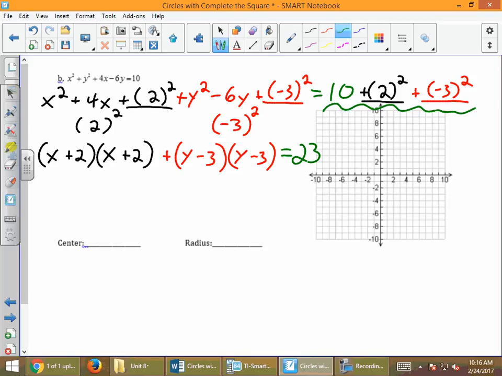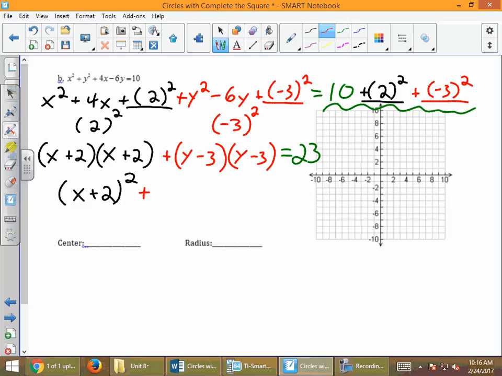It's still not the standard form I want, because I have to do something with these two, the x's and the y's. So the last thing is, since I have 2 of those parentheses, it's really saying I have 2 of them. Instead of writing all that out, let's do a little shorthand and say it's going to be x plus 2 squared. That means there's just 2 of them. The y's, the same exact thing.